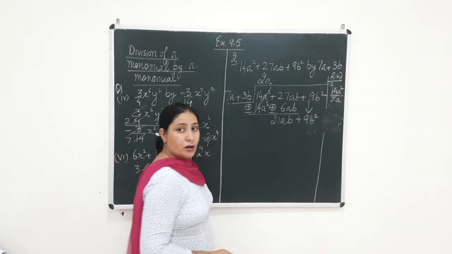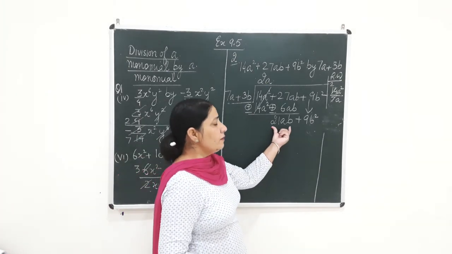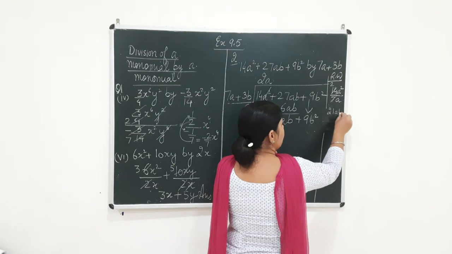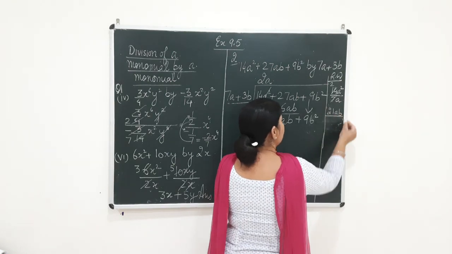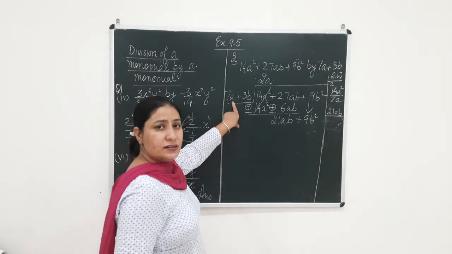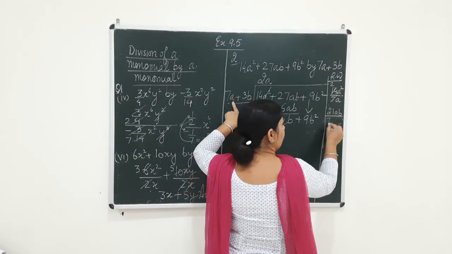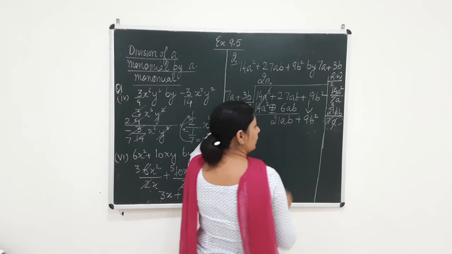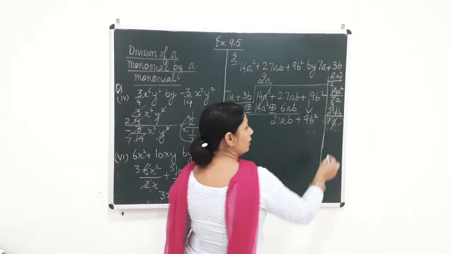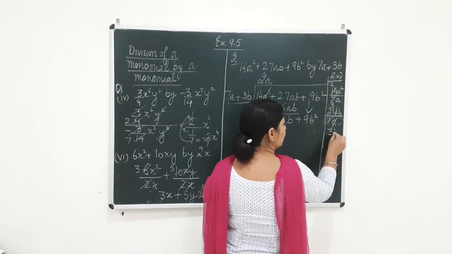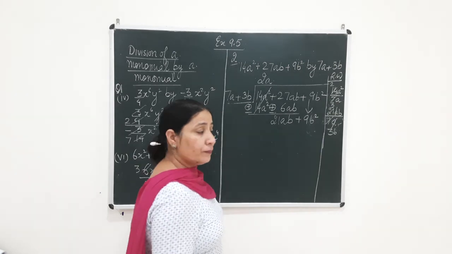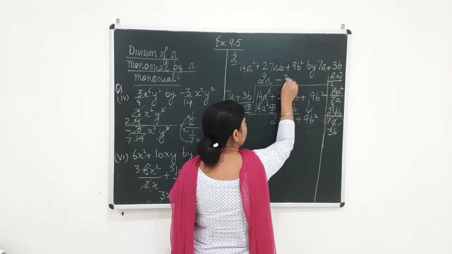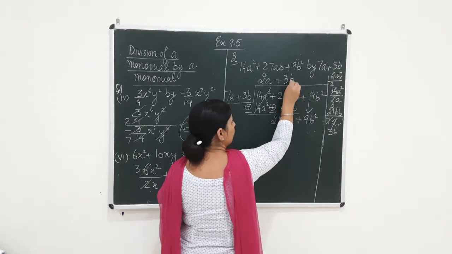Now what is the first term of my dividend? That is 21ab. Okay? I will divide this 21ab with the first term of the divisor, that is 7a. A will get cancelled with a, 7 will get cancelled with 21 and I get 3, and along with that this b is left, so I am left with 3b. Now because it is positive, I will write plus 3b in place of quotient, beta.